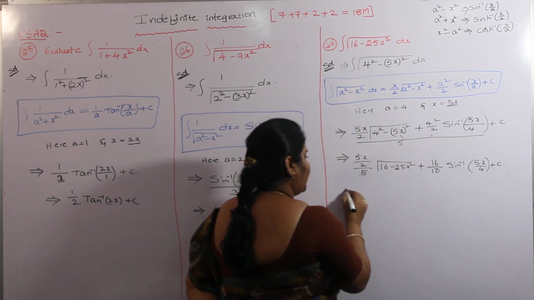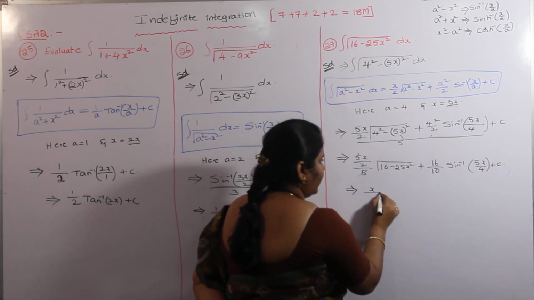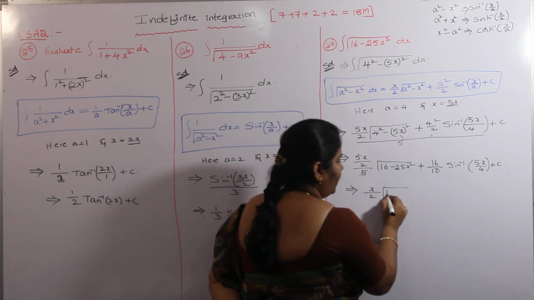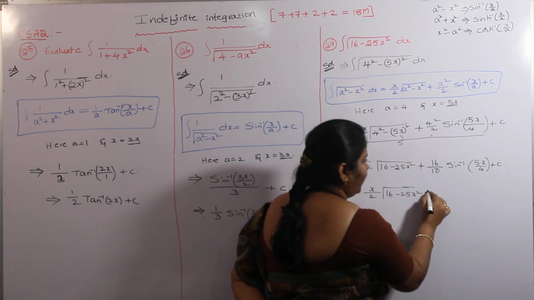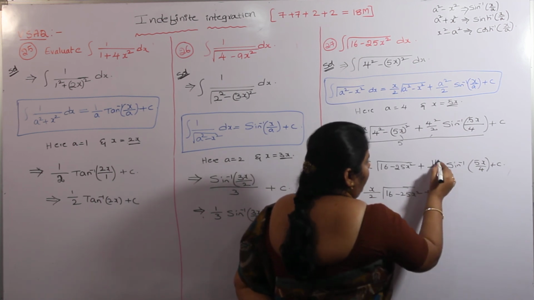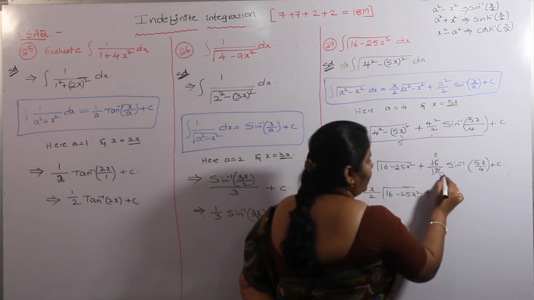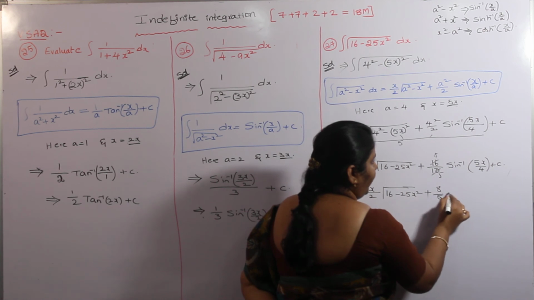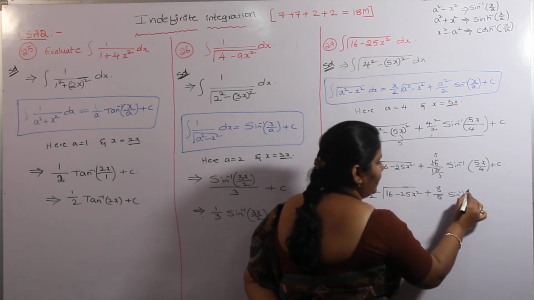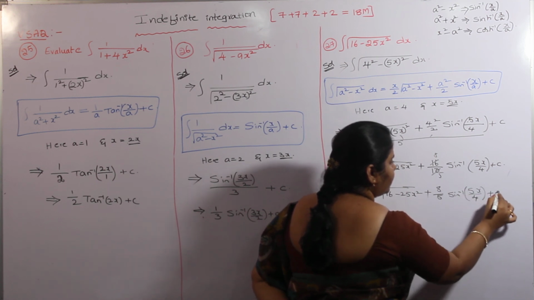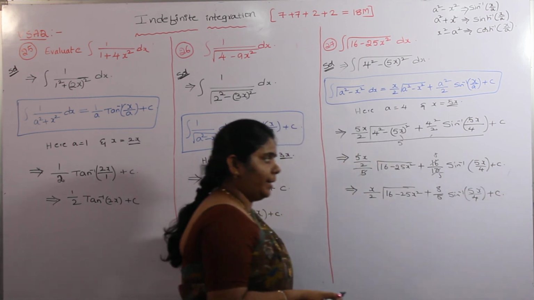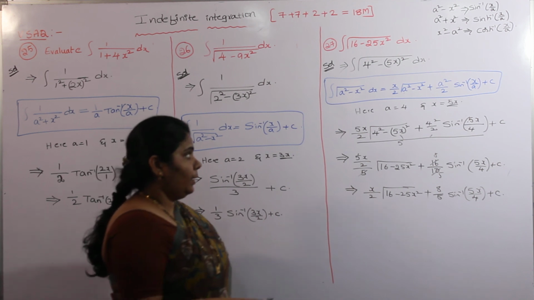Okay, 5 is cancelled. This can be written as x by 2 into root over 16 minus 25x square plus 2 8s are 16, 2 5s are 10, so this can be written as 8 by 5 sine inverse 5x by 4, plus after the integration we add the integral constant plus c.